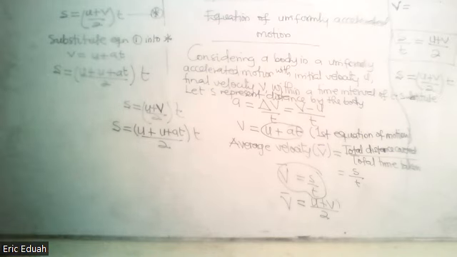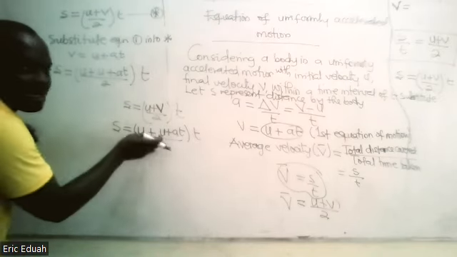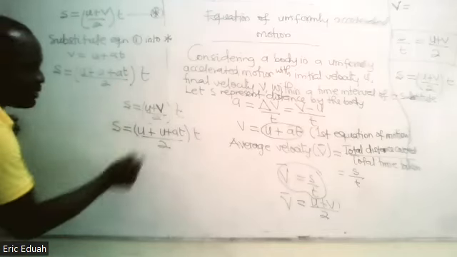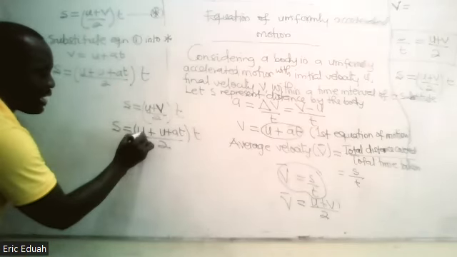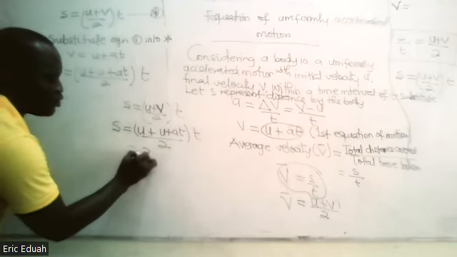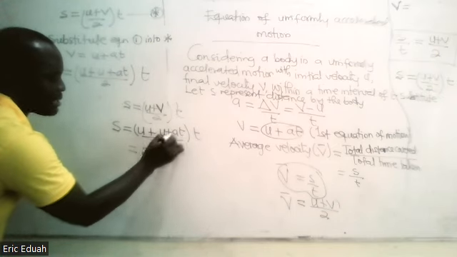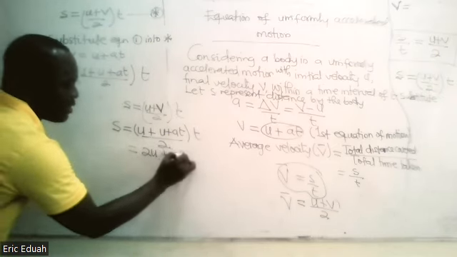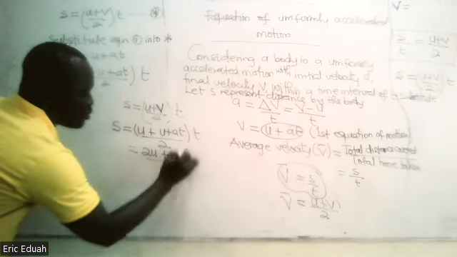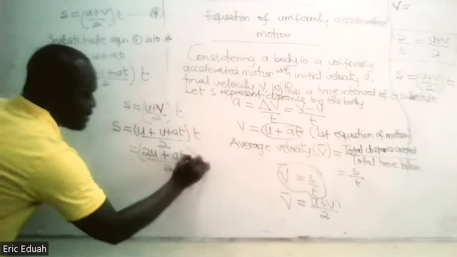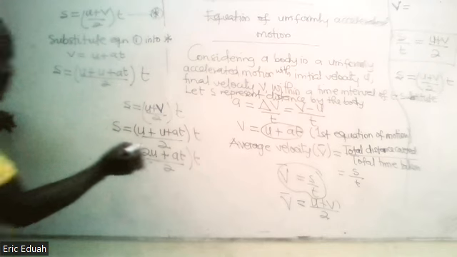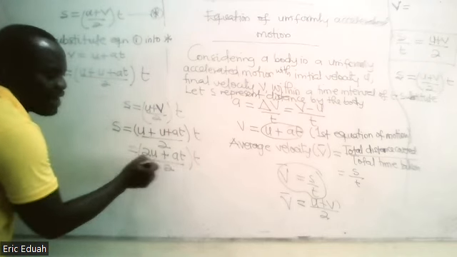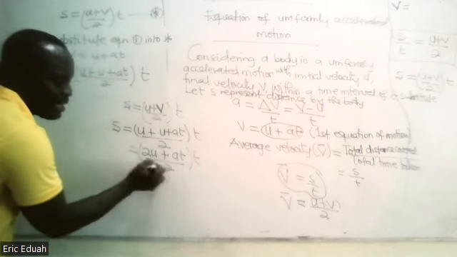I hope all is well. Then I have U plus U, this is 2U plus AT all divided by 2 times T. Let me divide whatever I have within the bracket by the denominator.